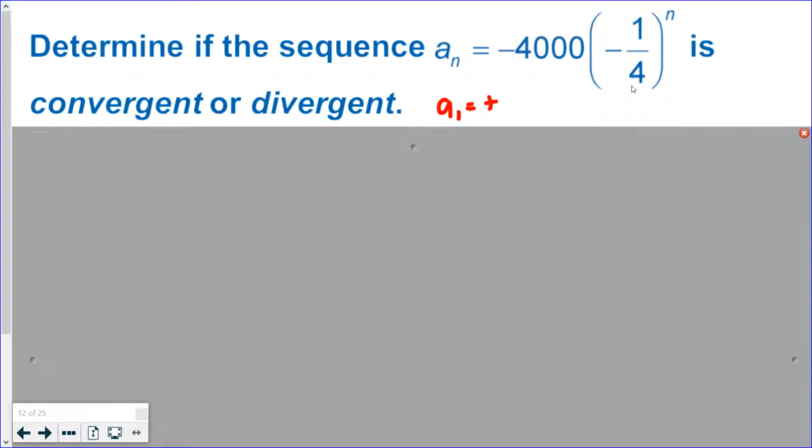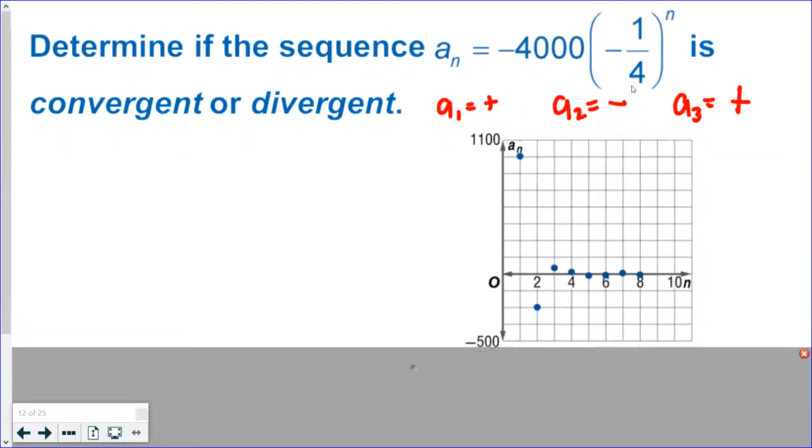But then when we've got a sub 2, this guy becomes squared. So this is negative times negative, which is positive, now times a negative, so the next one's going to be negative. If I go back to a sub 3, negative raised to an odd power is negative, times the negative is positive. So notice here how my signs are alternating back and forth. So it's called an alternating sequence, and this is what their values look like.